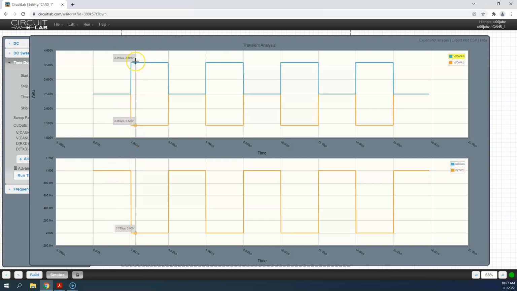Once we send that first logic 0, we put the logic 0 on the CAN bus for the dominant state. We can see that the output is being driven to 3.6 and 1.4 on CAN high and low respectively, and then drops back down to a difference in voltage of approximately 0.